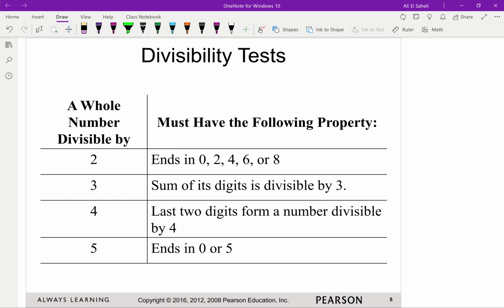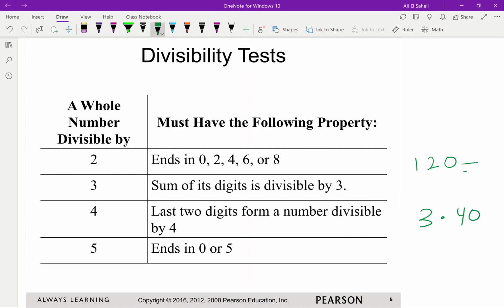Also, 120 is divisible by 3 because 1 plus 2 plus 0 equals 3. If you use your calculator, you will see that this is 3 times 40.